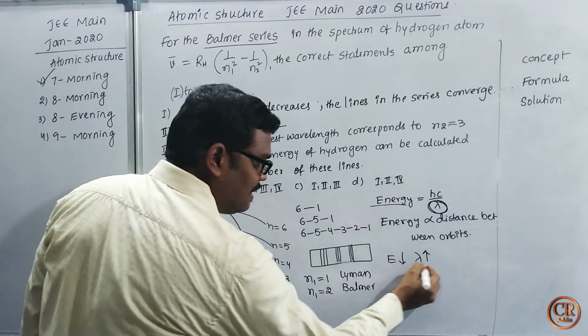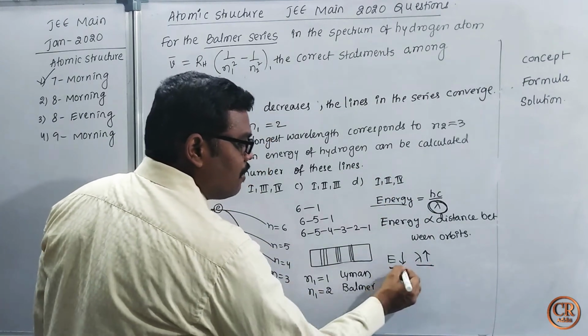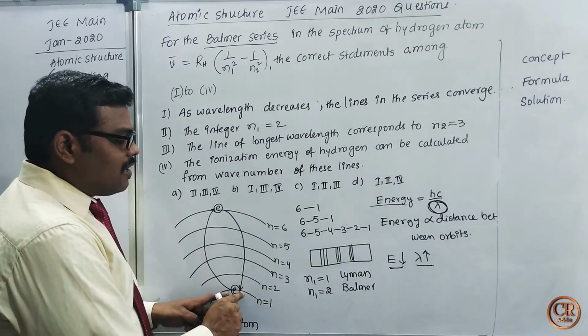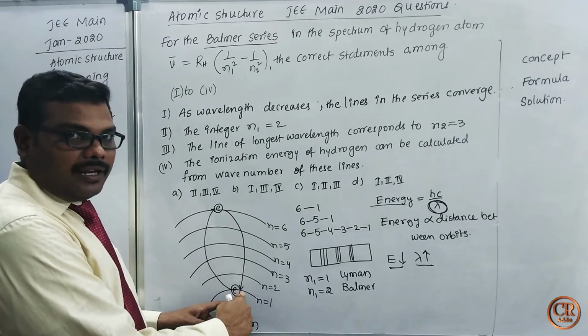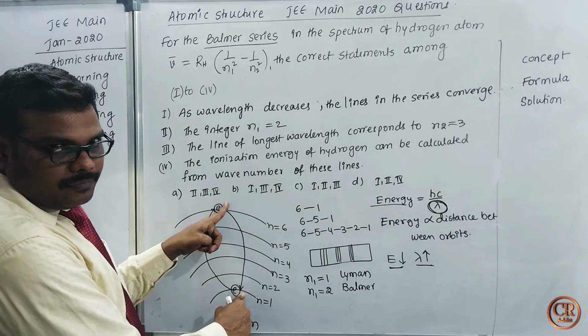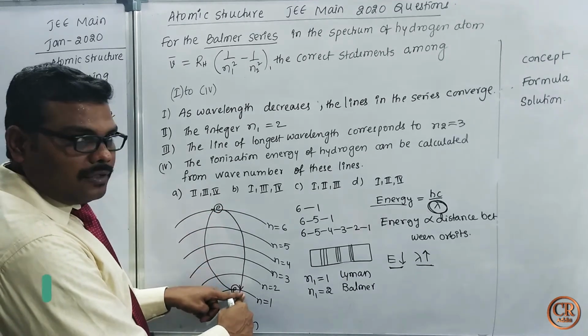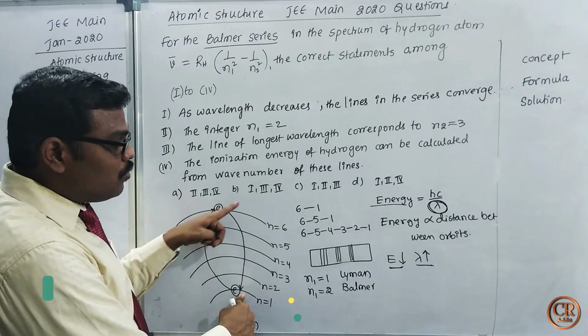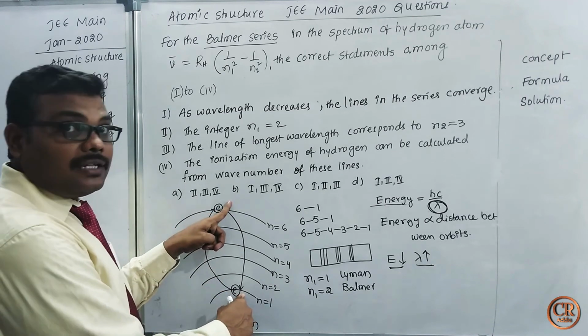For maximum wavelength, we need minimum energy. See here, anyway the electron should come to the ground state finally. Just imagine, if the electron comes from 6 to 1, the gap between the orbits is more. When the gap is more between the orbits, more energy is released.